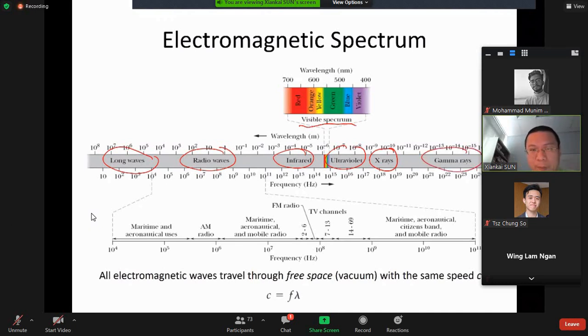No matter what the frequency is, the speed of the electromagnetic wave is always c. As I mentioned, 2.998 times 10 to the 8th meters per second, and most of the time it's just approximated as 3 times 10 to the 8th.